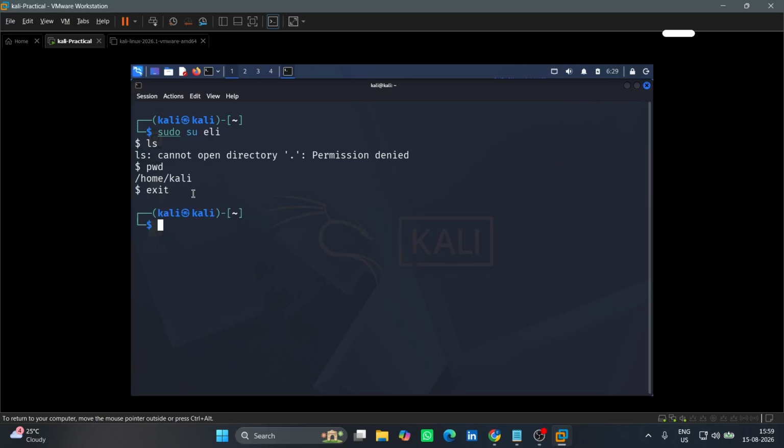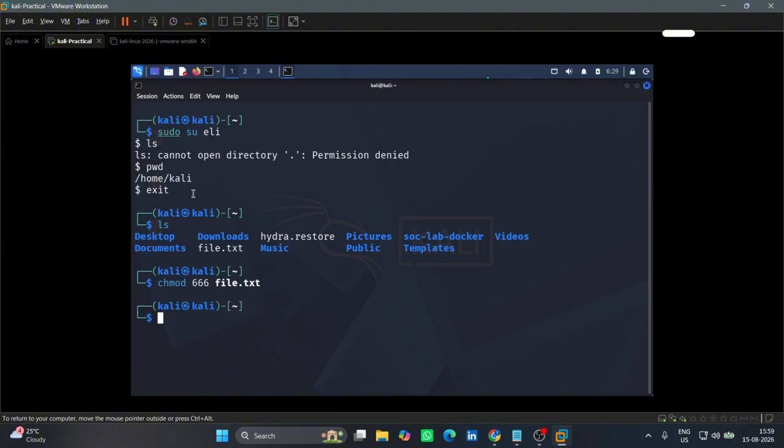Exit from here, ls, chmod. Give it the permission 666. Okay, now it should be.